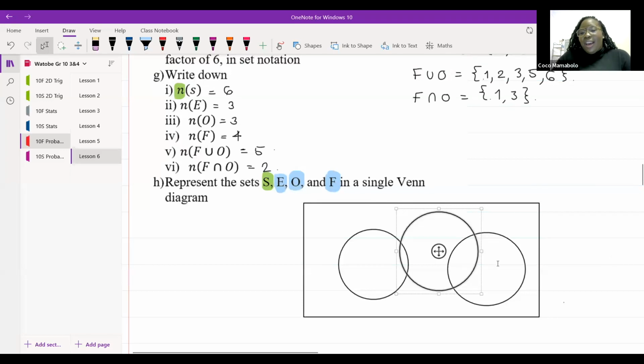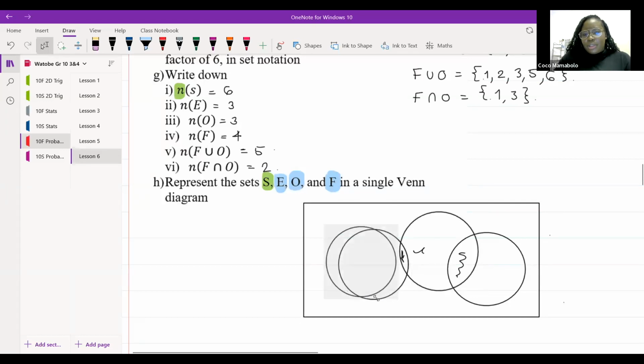Okay, so let me just ask again quickly. These parts where these meet, what's that part called? Intersections. Correct.